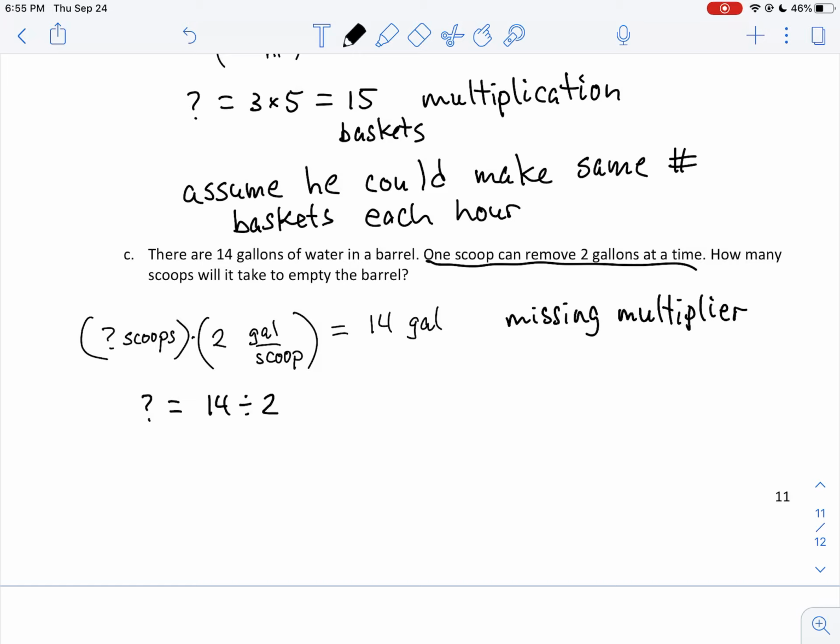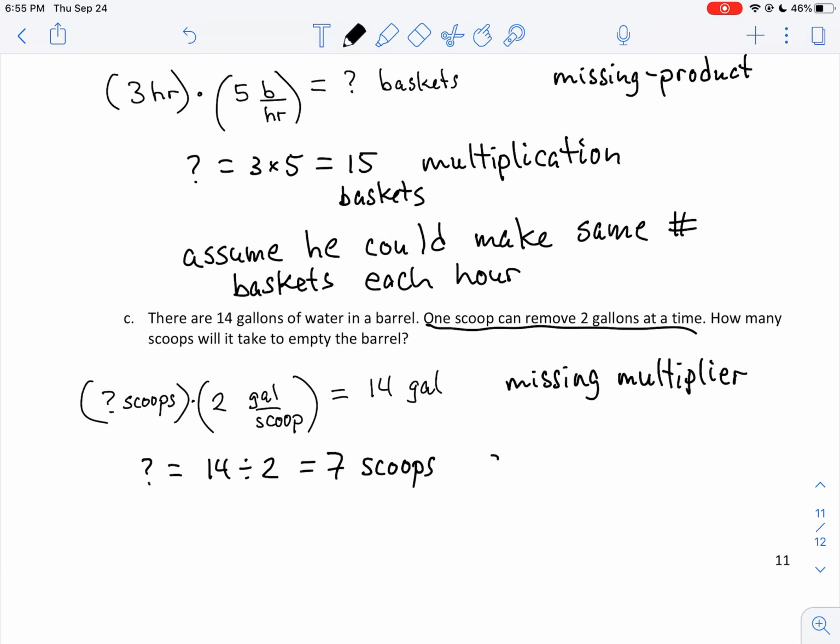We do the product divided by the multiplicand, which in this context, the 14 is called the dividend, and the 2 is called the divisor. But we do know that we're going to wind up getting 7 and then scoops, right? That's the unit here.